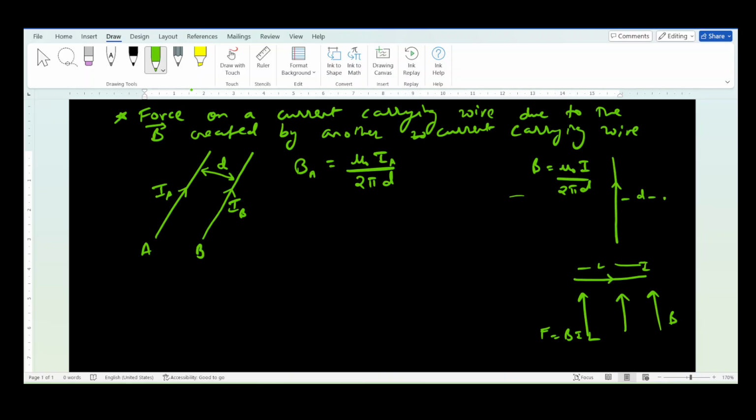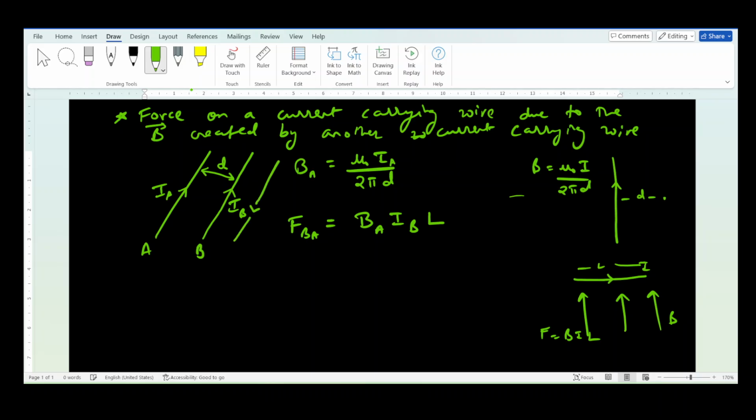So this is the formula. So the force B will experience due to A is given by the magnetic field due to A multiplied by the current in B multiplied by the length of the wire. So let us consider that we are talking about a section of wire which is L in length. So both are L in length.